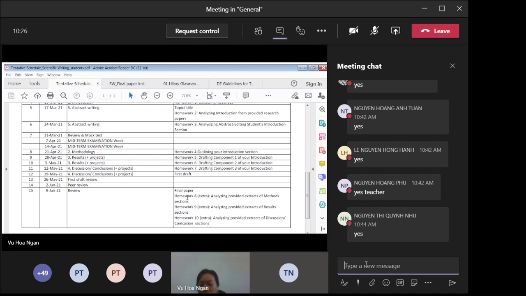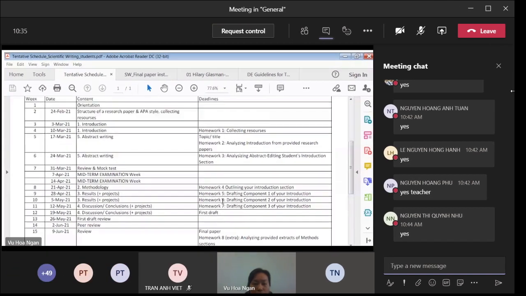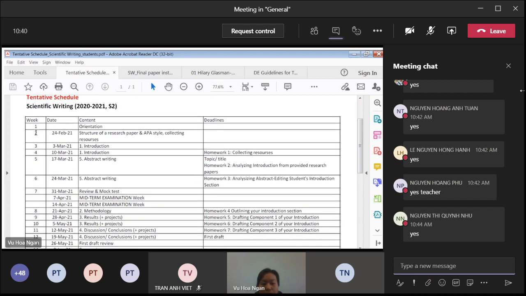So you need to keep track of your own final paper. I would like to draw your attention here. During the semester, we can see the week number, the dates, the content that I will cover, and the deadlines. Please keep track of the deadlines. For homework assignments, next week is the deadline of the first homework assignment.